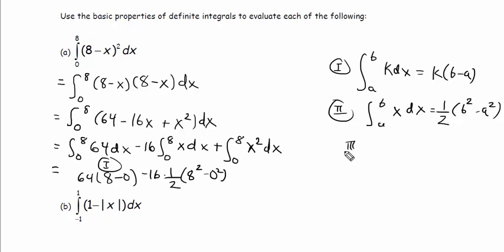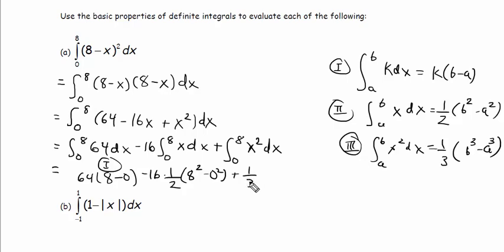And then for this third one, I have x squared here. So integral from a to b of x squared dx is 1/3 b cubed minus a cubed. So this is plus 1/3 times 8 cubed minus 0 cubed.